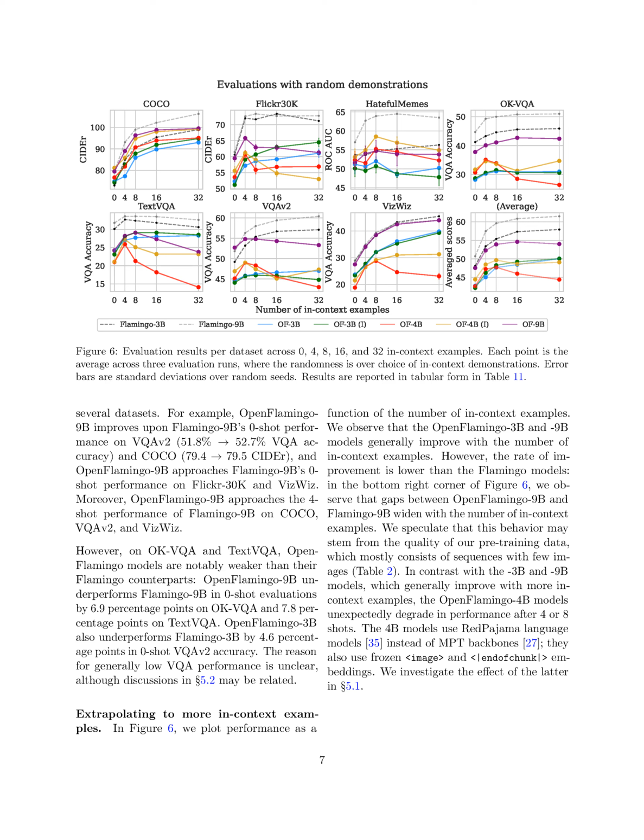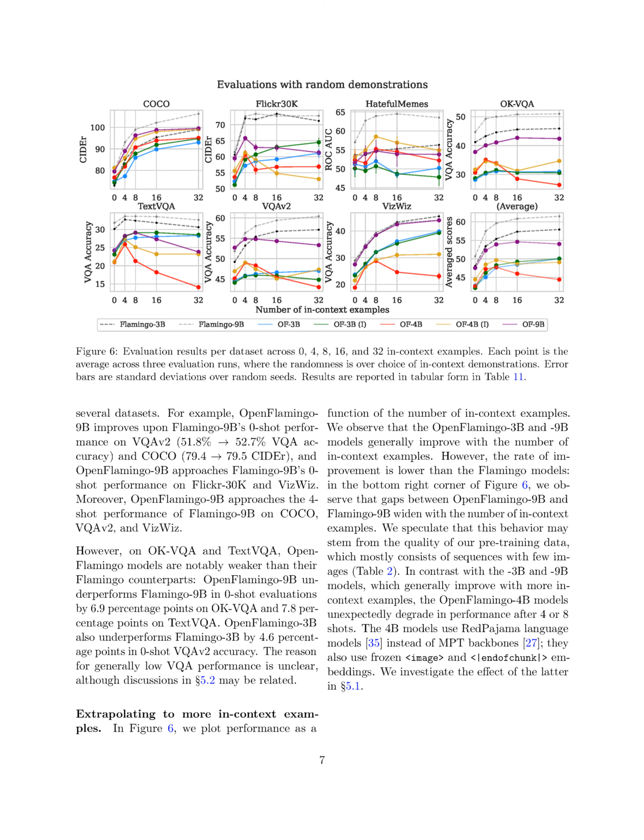When it comes to model size, OpenFlamingo-9B usually performs better than smaller models, except on hateful memes and when there are a lot of in-context examples on Flickr30K and TextVQA. However, OpenFlamingo-4B models often perform worse than the smaller 3B models, including on Flickr30K, hateful memes, TextVQA, and VizWiz.